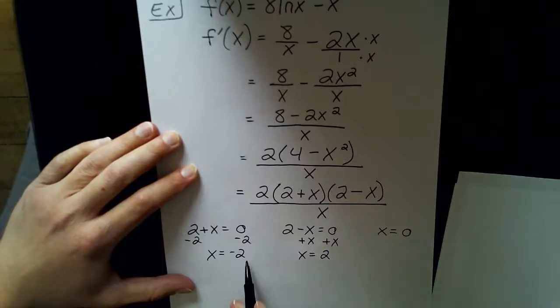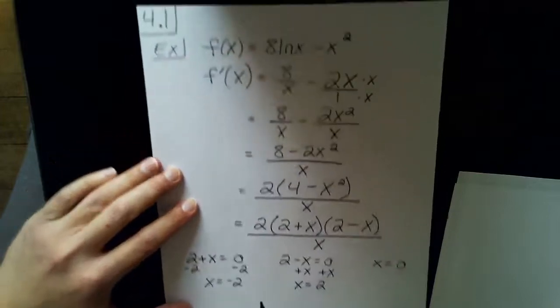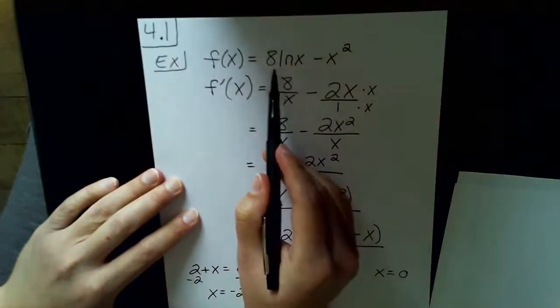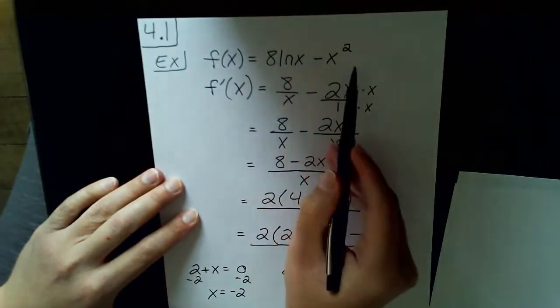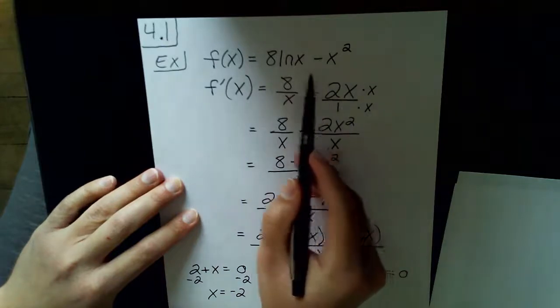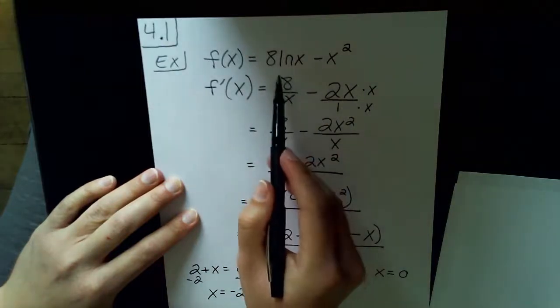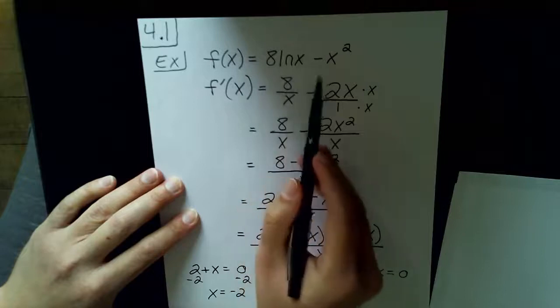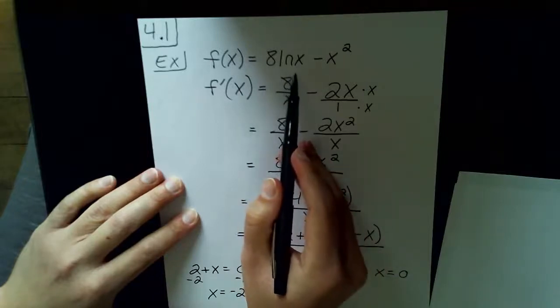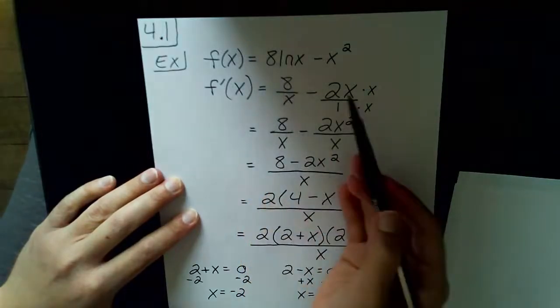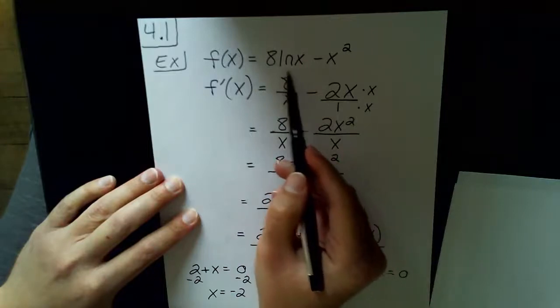Let's check in the original function though. Notice in the original function we have 8 natural log x minus x squared, and this is where it's handy to remember what graphs look like of these general parent functions. So remember, a parent function is just the base function before you do anything to it.